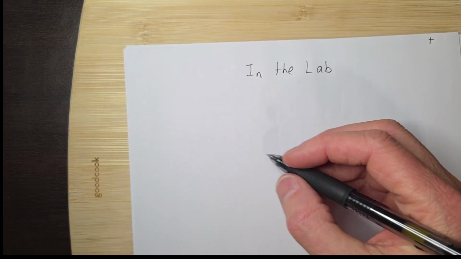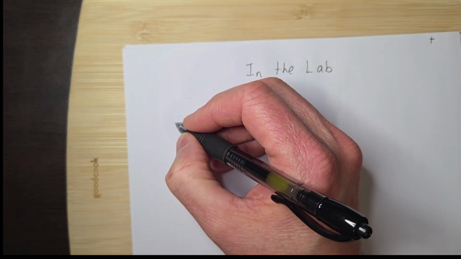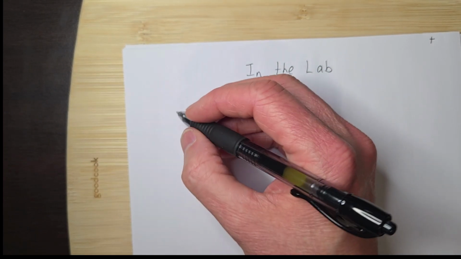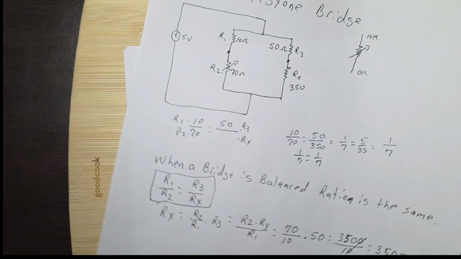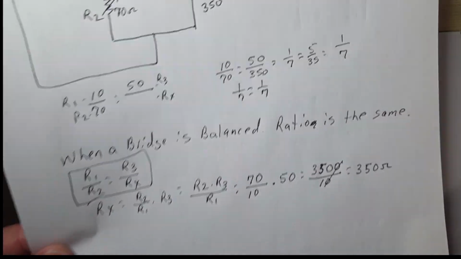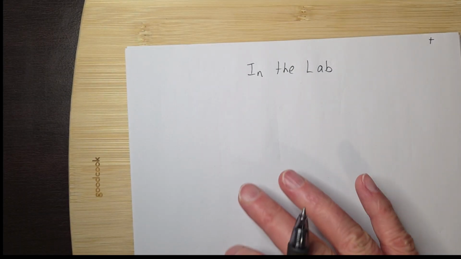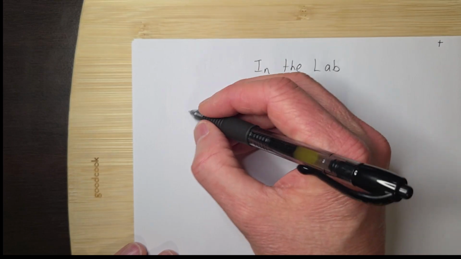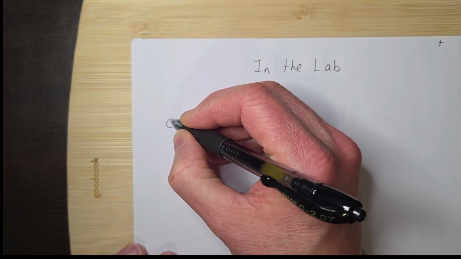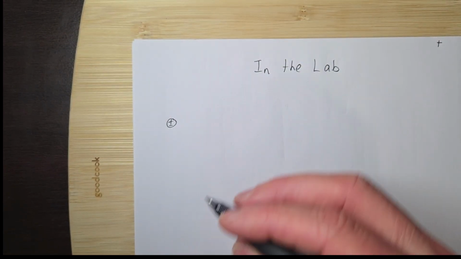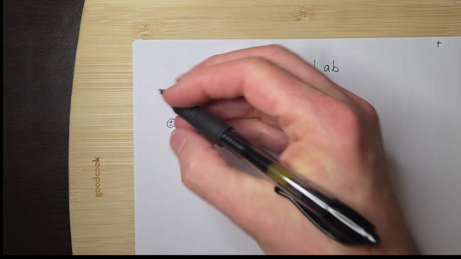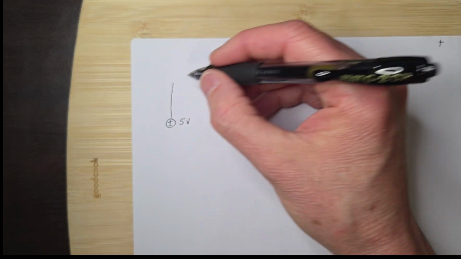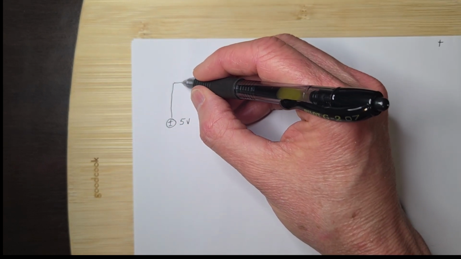All right, so in the lab, remember, all the calculations that we did over here are perfect mathematical models. I always try to say that, because in the lab, things are going to be different. Meters aren't perfect, resistors aren't perfect, you have some resistance in wires, and you have tolerances of resistors.